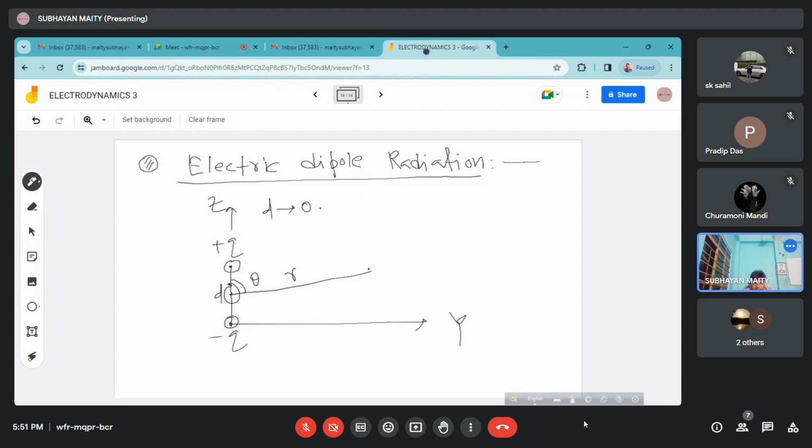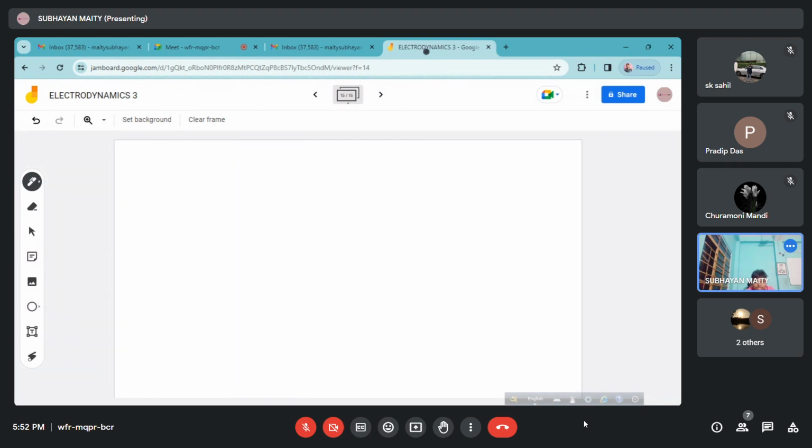So this is r and this angle is theta. Now this is the r vector, the test point r, theta. Now the distance from minus q to that point is r minus, and this is r plus. So we are drawing again very clearly.